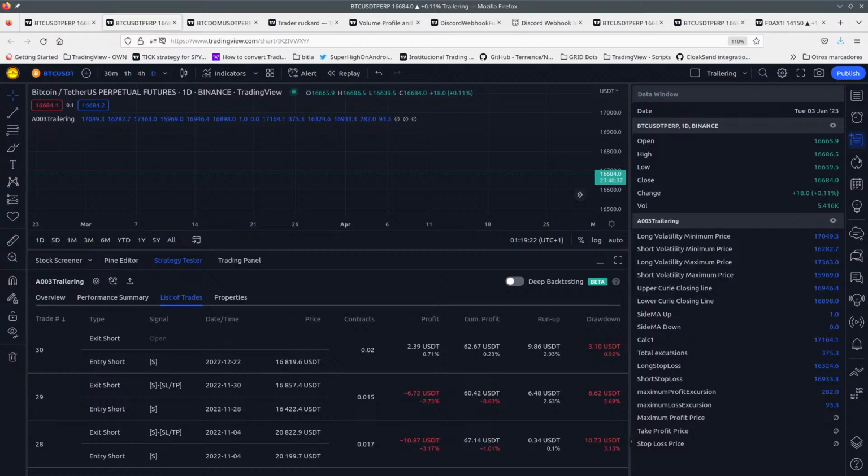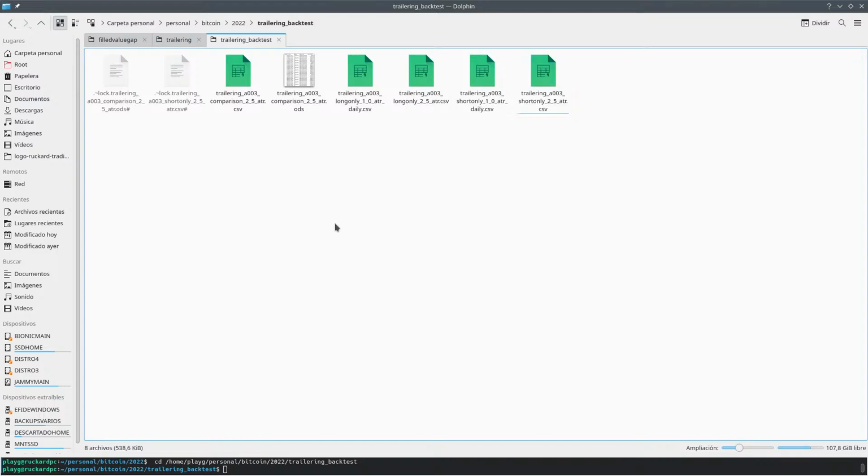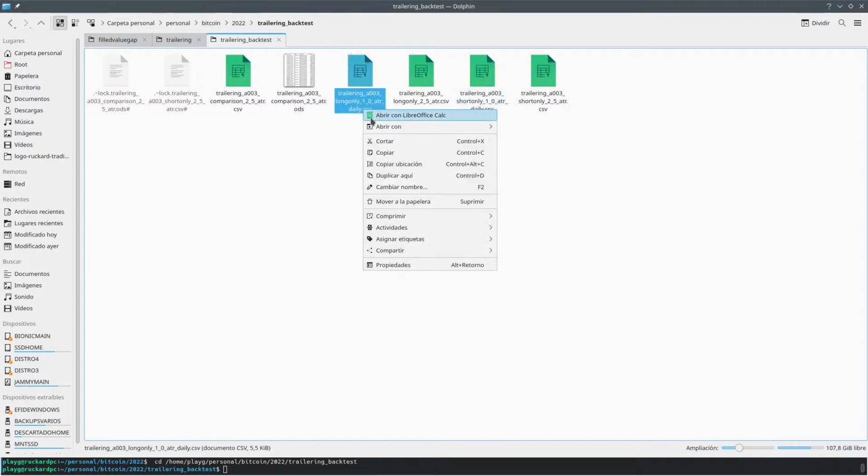Yeah, okay. Yeah, so now we should be able to copy and paste these and open them. So this is daily short only and daily long only.